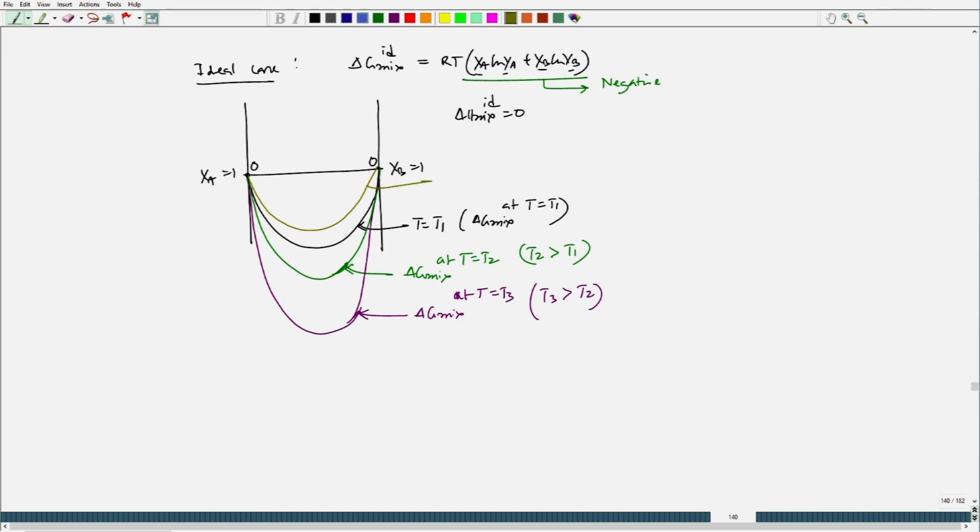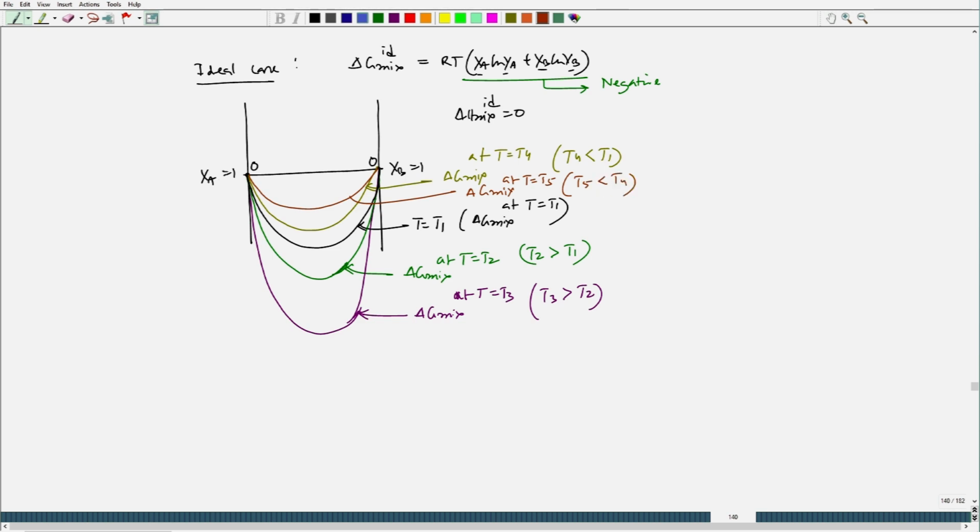Let us say this is delta Gmix at T equal to T4, and T4 is less than T1. Another plot we can draw is delta Gmix at T equal to T5, where T5 is less than T4.